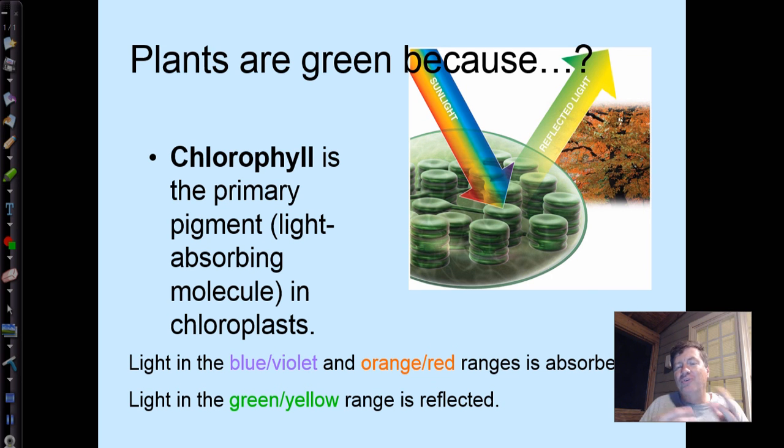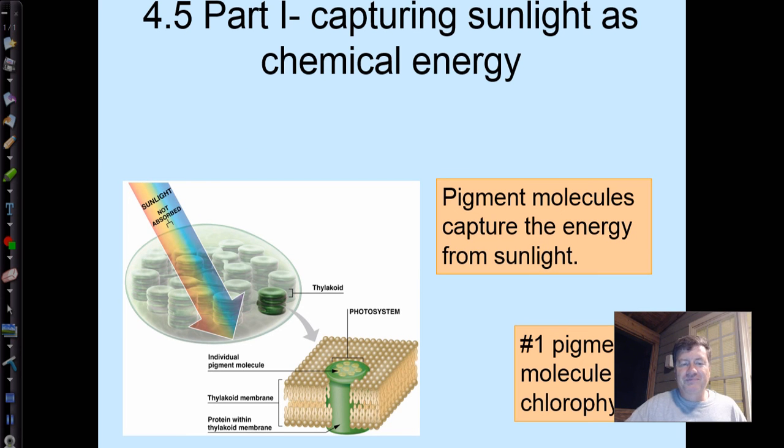So plants look green to us because plants don't absorb the energy from the sun that's at the green wavelength of light, but they absorb the reds and the oranges and the blues and the violets, and that's the energy wavelengths that powers the reactions of photosynthesis.